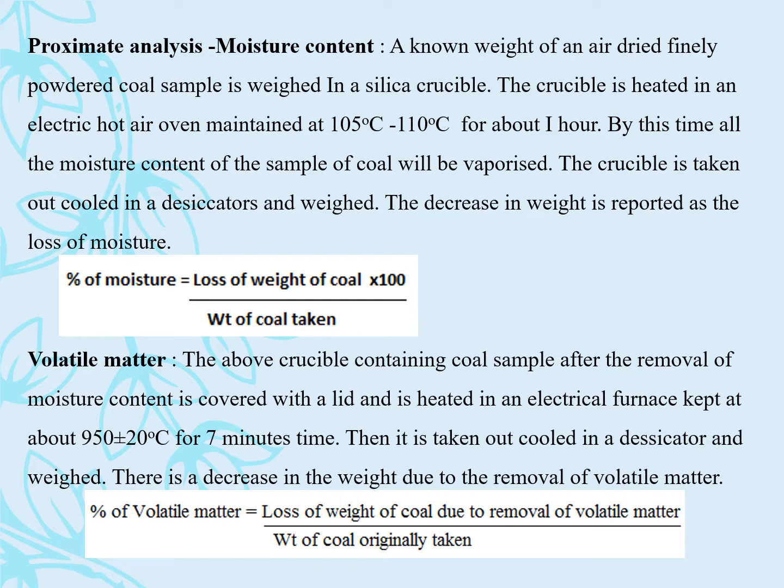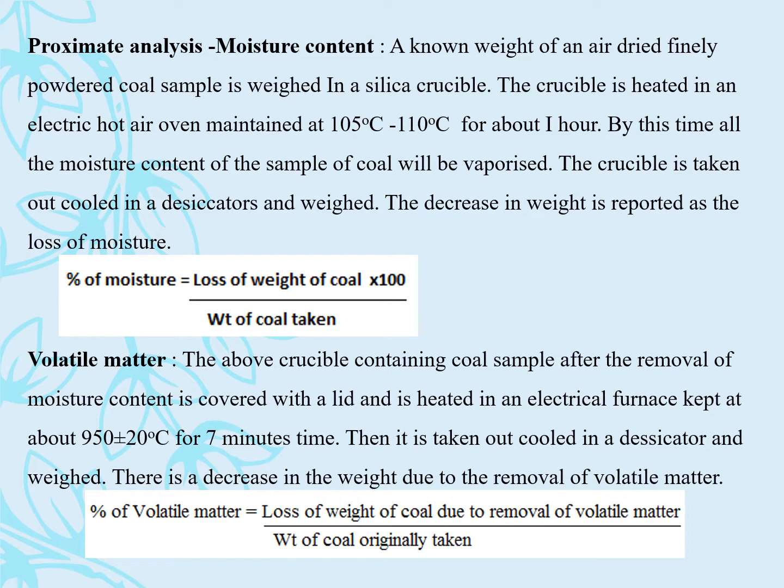Now the above crucible containing the coal sample, after the removal of the moisture content, is covered with the lid and heated in an electrical furnace kept at about 950 degrees plus or minus 20 degrees centigrade for exactly 7 minutes.